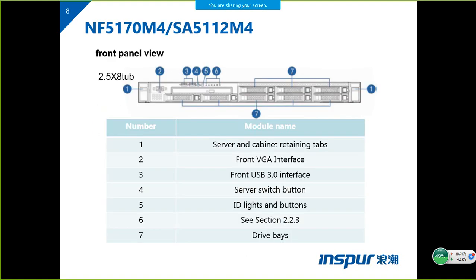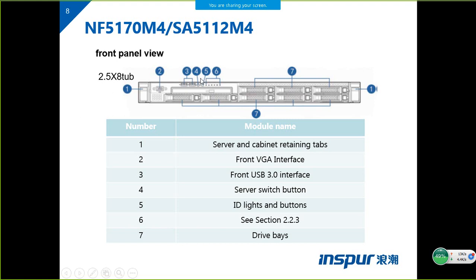And here, this picture shows the front panel of this server. 2.5 and multiple edge tabs. The first one is the server and cabinet retaining tabs. It's a lever. You can lever it down, and there is a screw behind this. The second one is the front VGA interface. The third one is the front USB 3.0 interface.